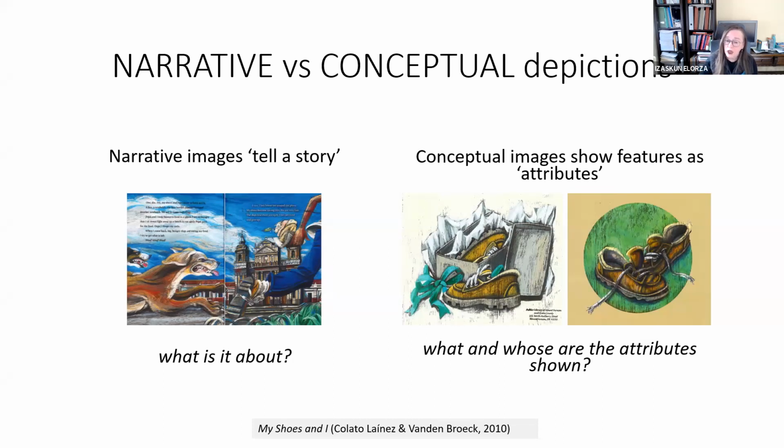This picture book is My Shoes and I. What we can see on the left is a double spread representing a narrative image telling a story, in combination with verbal information as well. But what we have on the right is two conceptual images that are showing features that are attributes of the main character in the story.